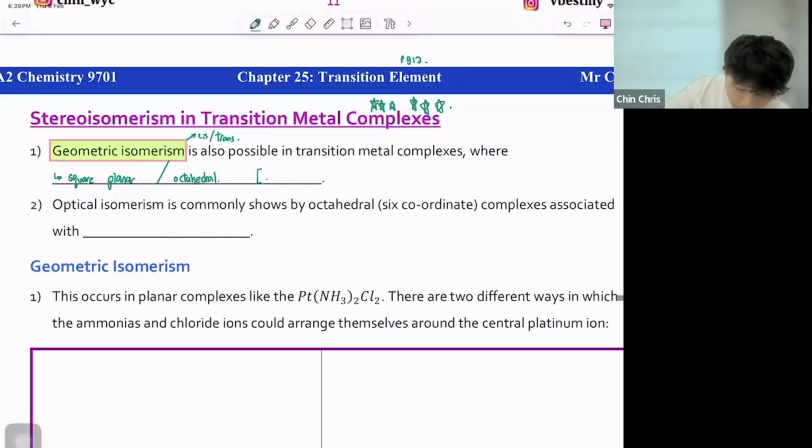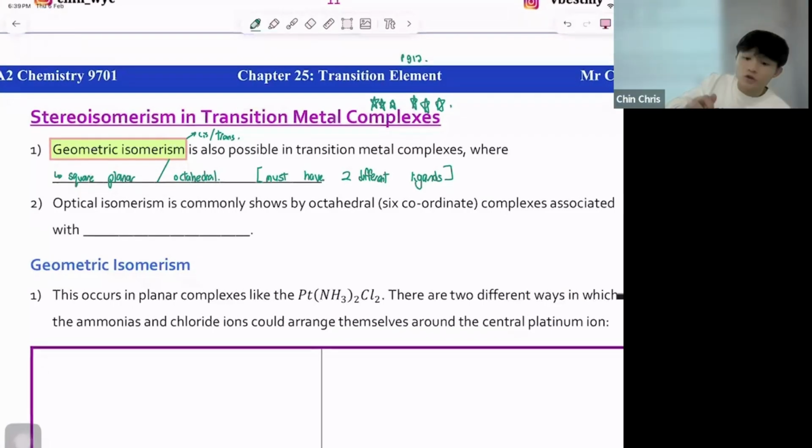At the same time, it must have two different ligands for it to show geometric isomerism. So that's for geometric.